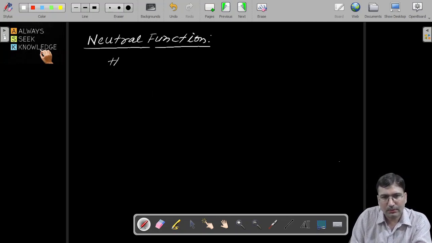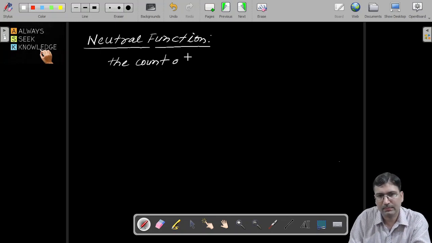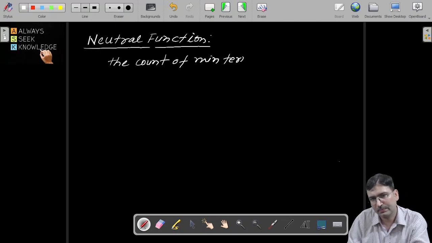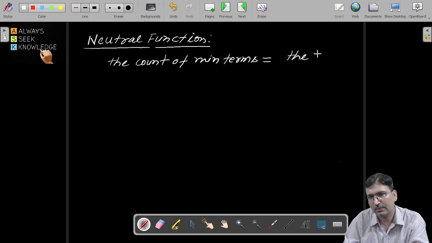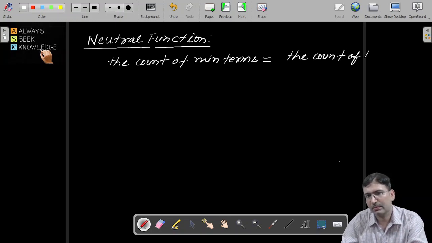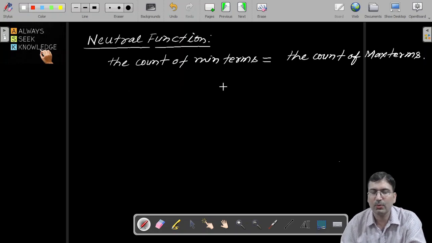So the count of minterms is equal to the count of maxterms. Any such function we'll consider a neutral function.